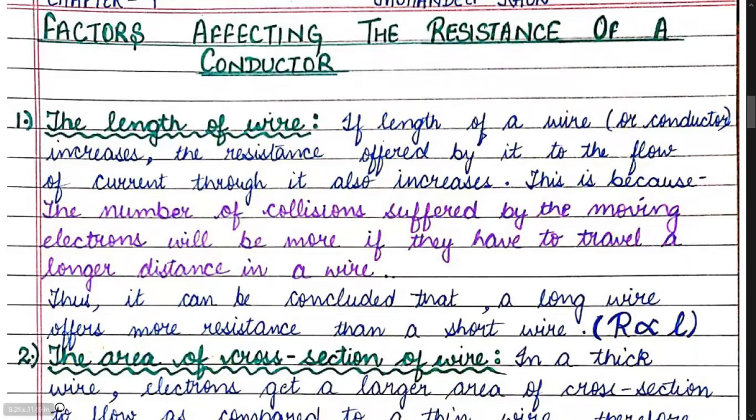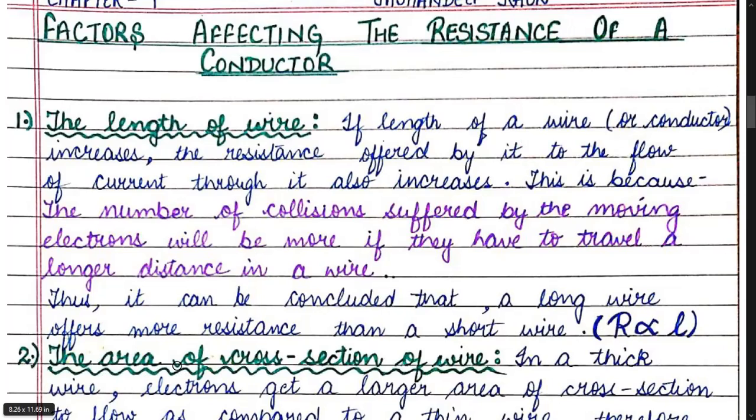Now the first factor for today is the length of wire. Students, if length of a wire or conductor increases, the resistance offered by it to the flow of current through it also increases.